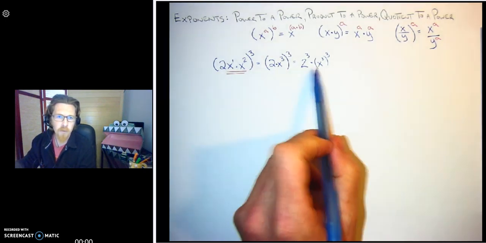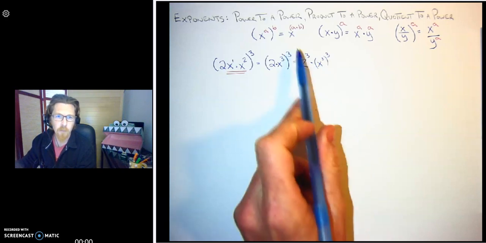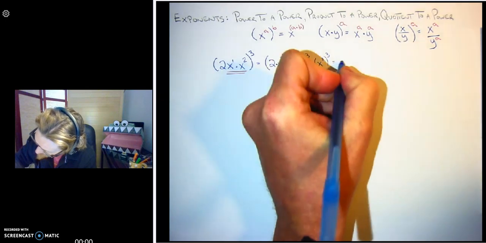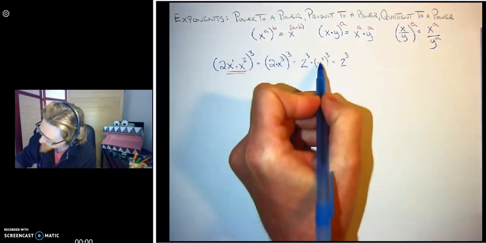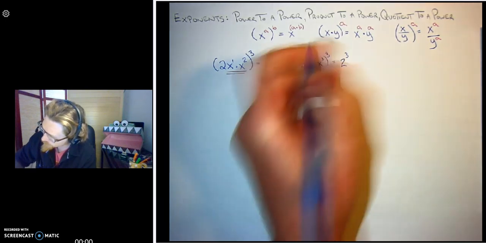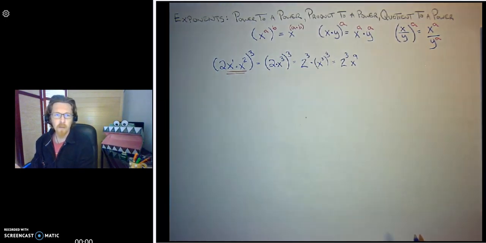Let's do a little more simplifying. I have a power to a power rule, and so here I'm going to multiply those powers. So that 2 to the third is still going to be there, and now x to the third to the third is really going to be 3 times 3, which is 9. So I have 2 to the third x to the ninth.